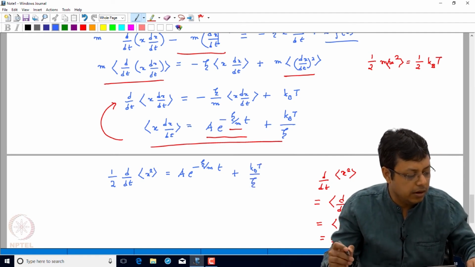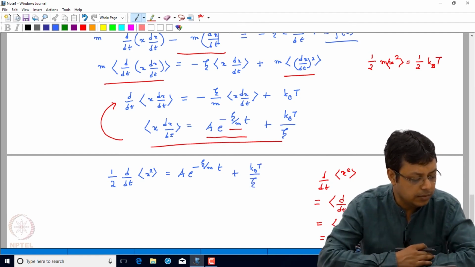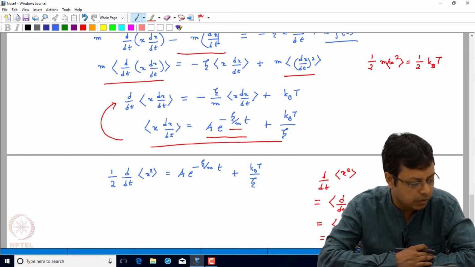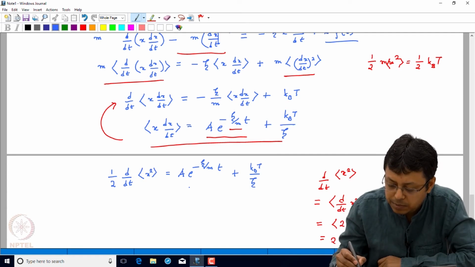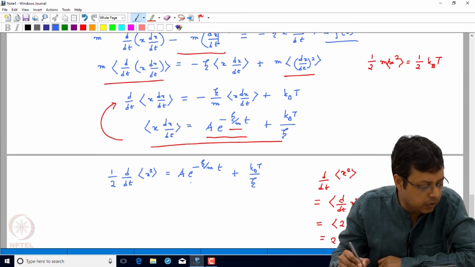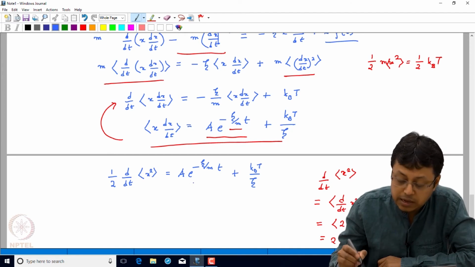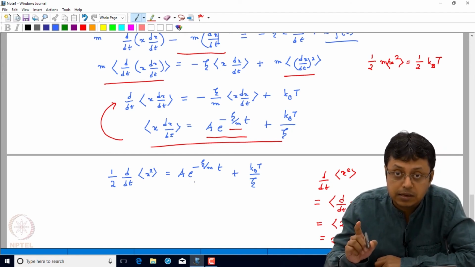Now I have already kind of solved it. To simplify things, we can first set the initial conditions.